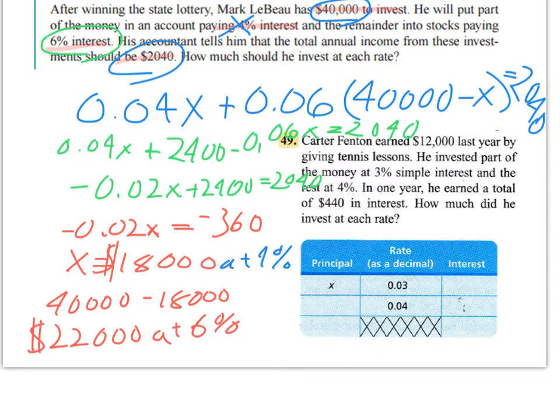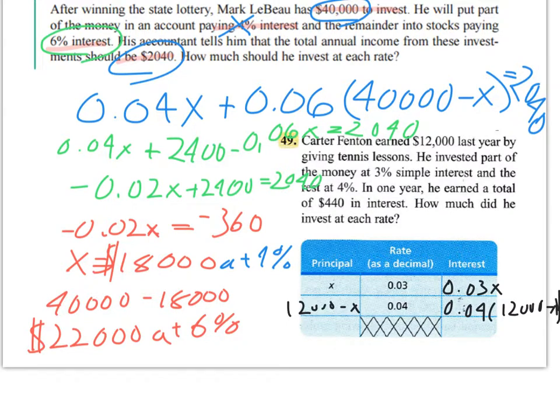So as far as the principal goes, the amount invested at 4% would be 12,000 minus x. The interest at 3% would be 0.03x, and the interest at 4% would be 0.04 times the 12,000 minus x.